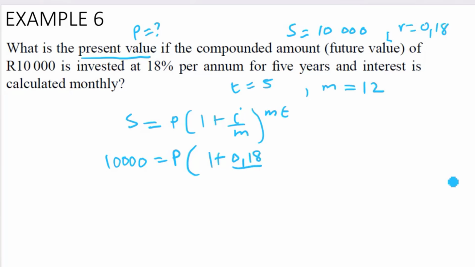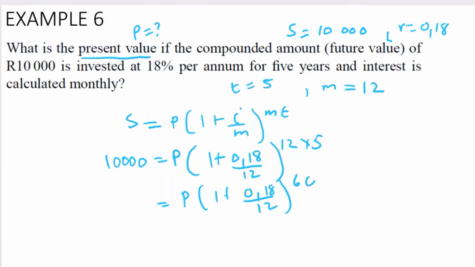This thing is compounding monthly, to the power 12 multiplied by 5. So you are going to have your P into 1 plus 0,18 over 12 to the power 60.